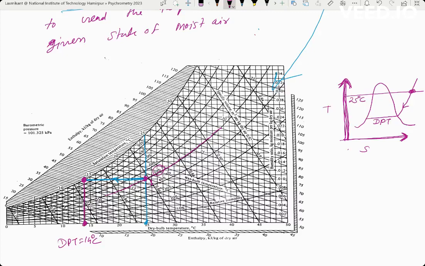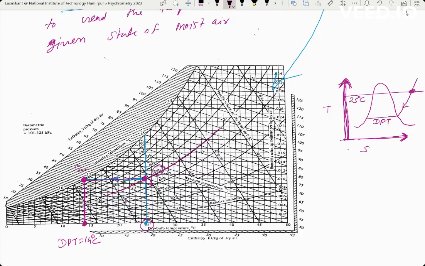So this one is given 25 degrees Celsius, this is 50, and the intersection is 1. Now from 1 move along the horizontal line. Horizontal line means along the constant humidity line up to the saturation curve. So this is 1 to 2. Now from the saturation curve go vertically down and see the scale given on the DBT axis.